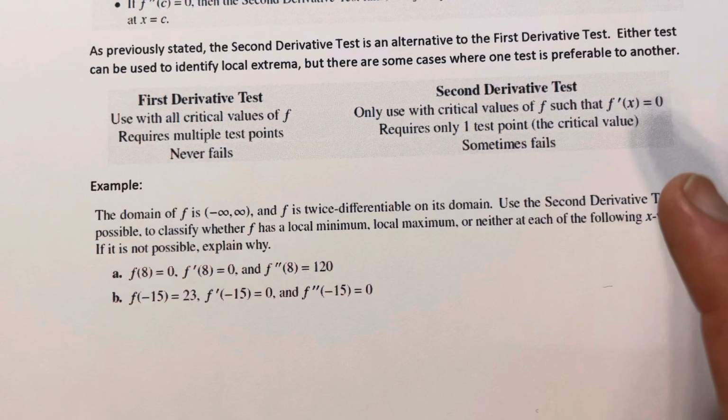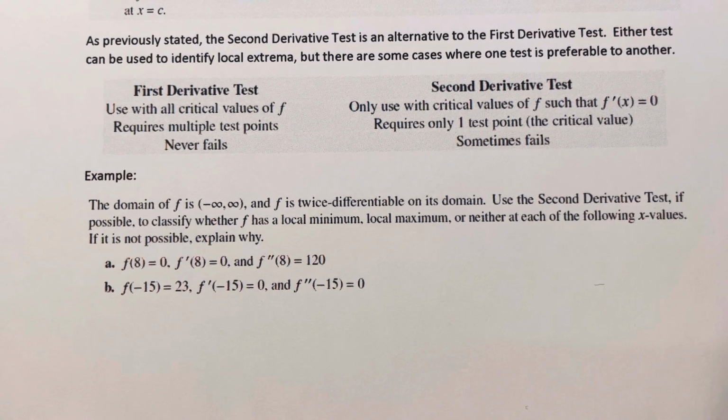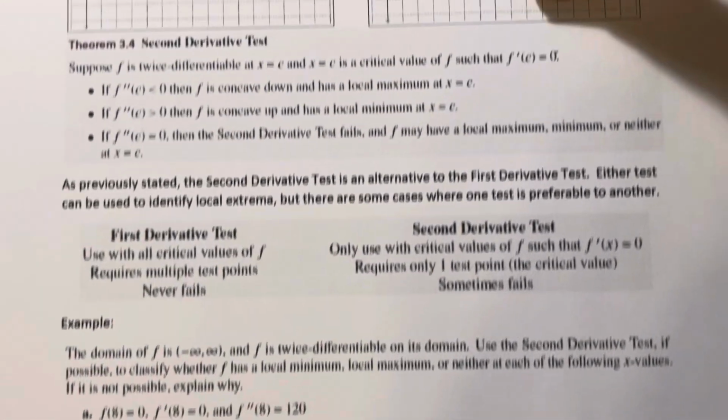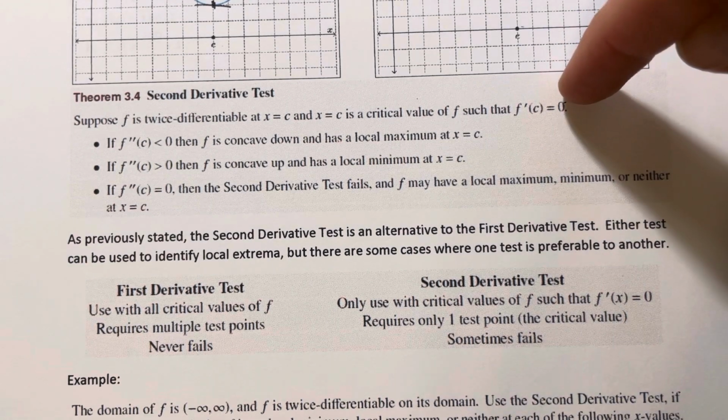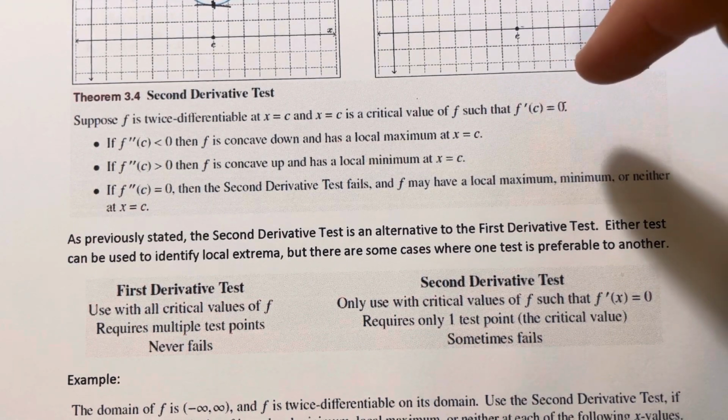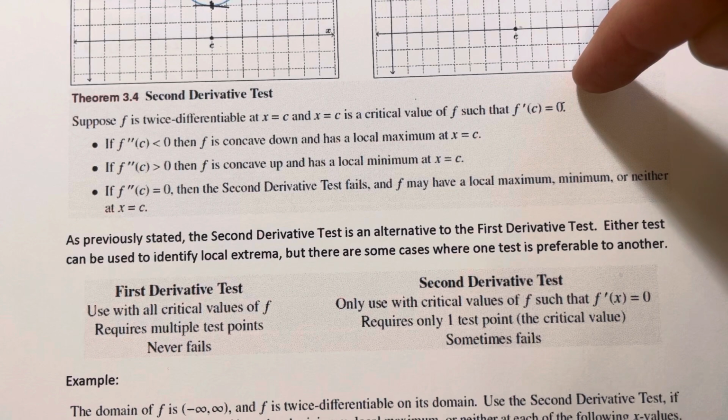And so that means that there's never a case where we have to use both tests. Generally, we get to choose one or the other. And there are certain pros and cons to each test. So notice in the second derivative test, there are a couple of extra conditions that are in place. First of all, the type of critical value that we have has to be one of these types, where f prime of c is equal to 0.